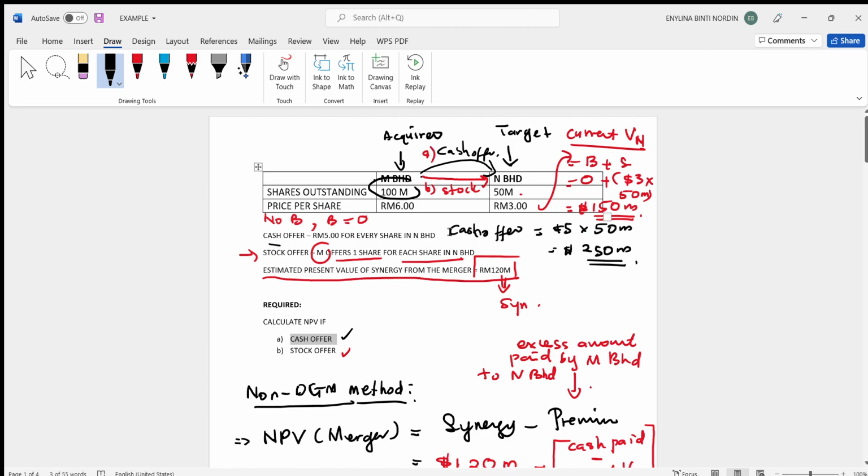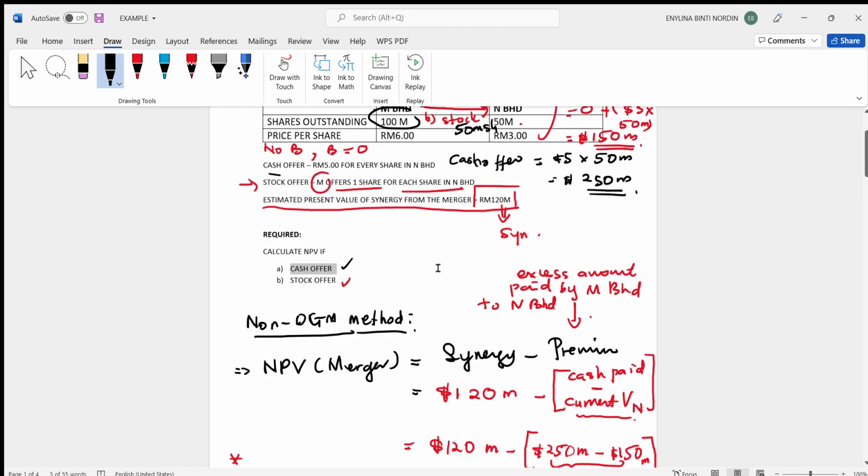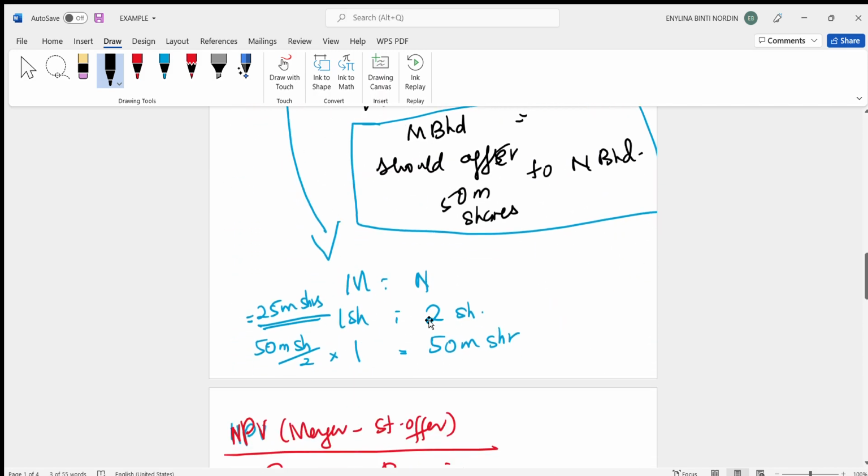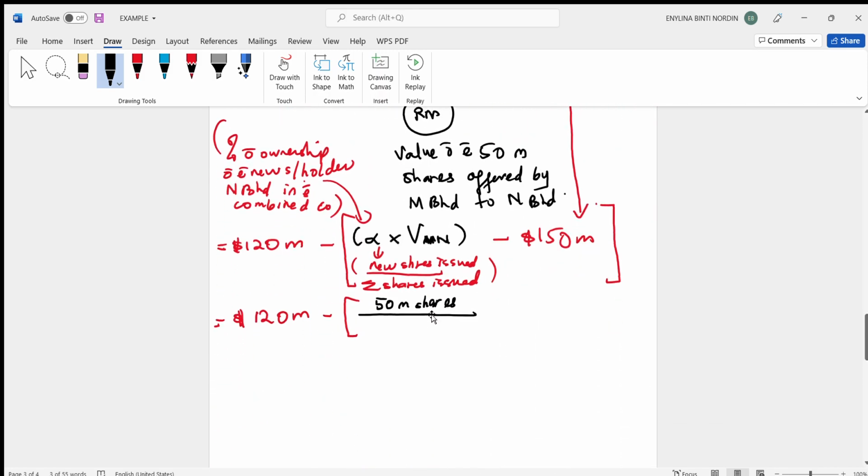So stock offer is 50 million shares. So that means the number of shares issued now by M Berhad is the 50 million new shares, plus the existing shares issued by this company, 100 million shares.